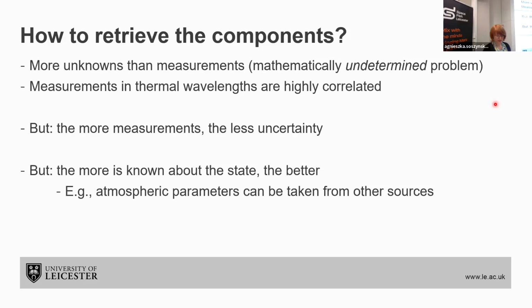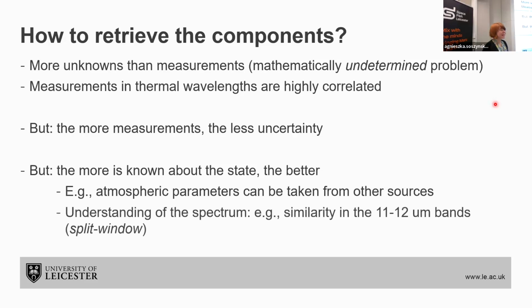And then, last but not least, understanding of the spectrum. We need to understand what we're expecting to see, and therefore, there are things that will enable us to make accurate algorithms.